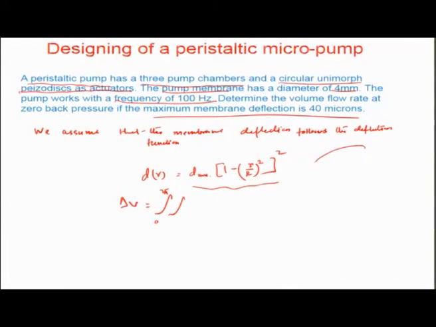So, let us suppose we are looking across this particular disk positioned in the xy plane with the disk centered about the origin, and we are talking about a radius vector small r at which the deflection is to be measured. We want to find out the deflection causes what kind of volume change by virtue of the disk getting deflected, okay, and the deflection happens out of plane into the z direction, for example, in this particular case.